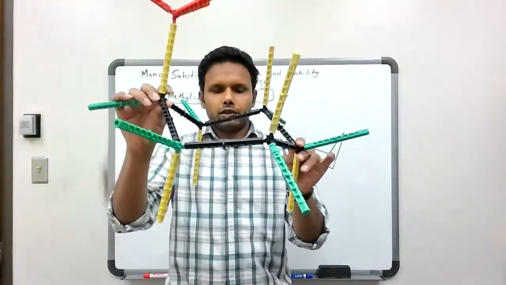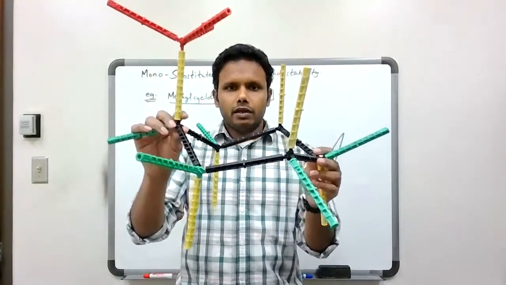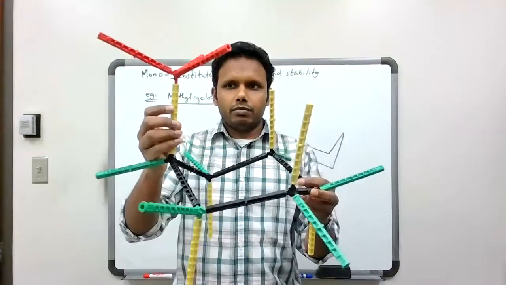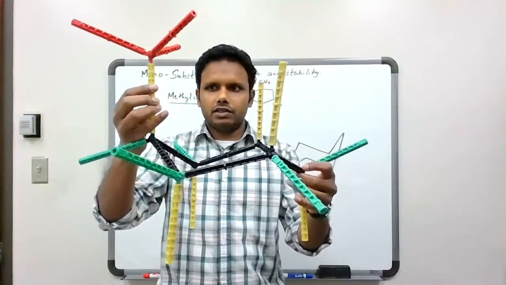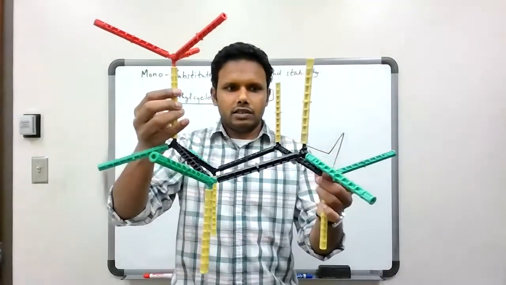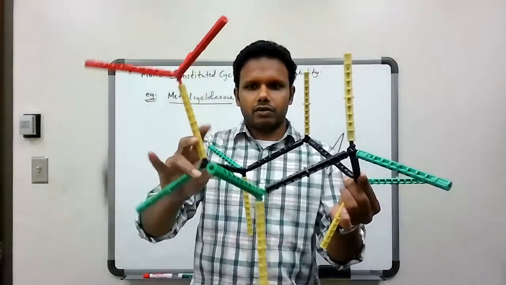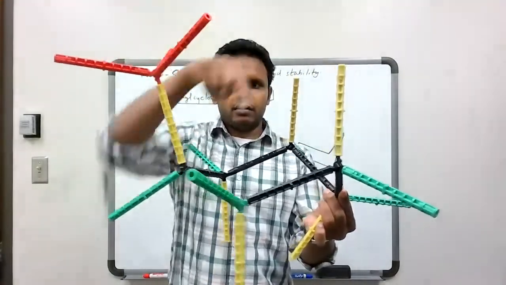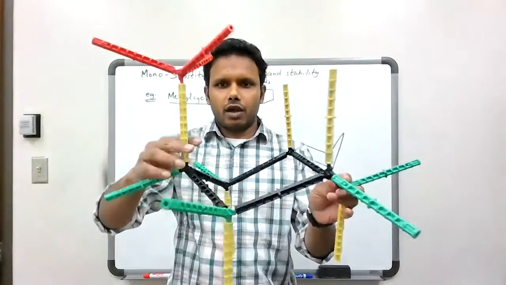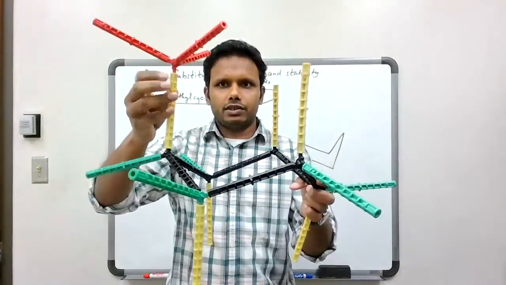And as you can notice, right now, this methyl group is in, what position would you say this is? This is in an axial position right now, okay? Because this bond here is parallel to that axis. So it is occupying an axial position.